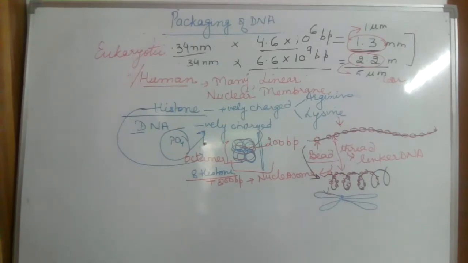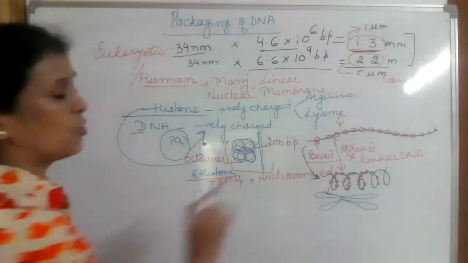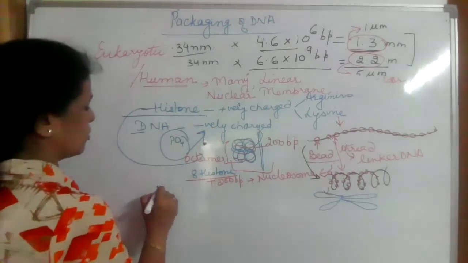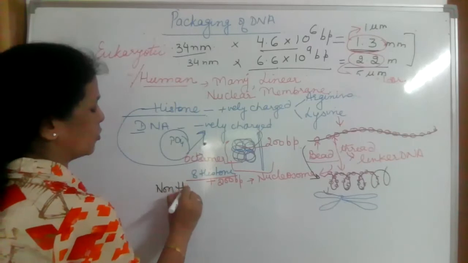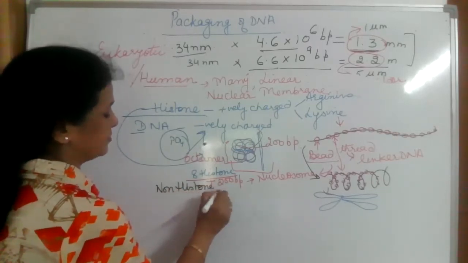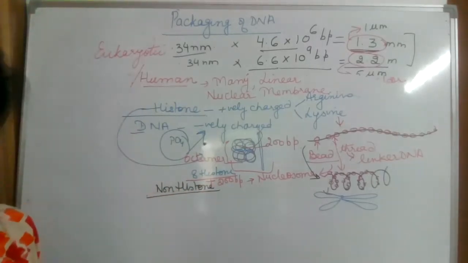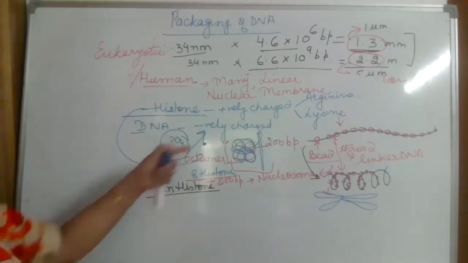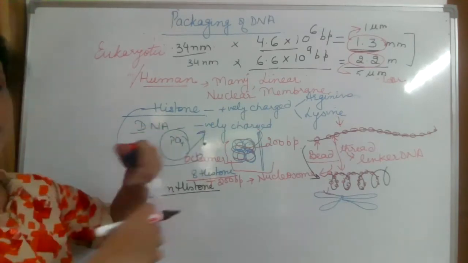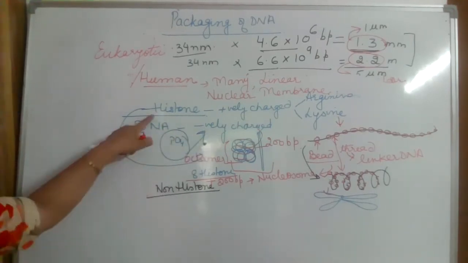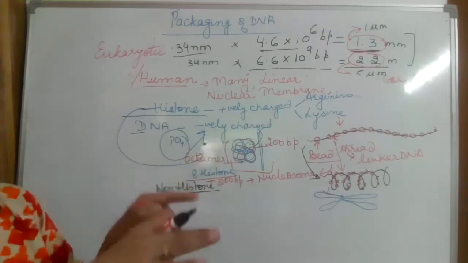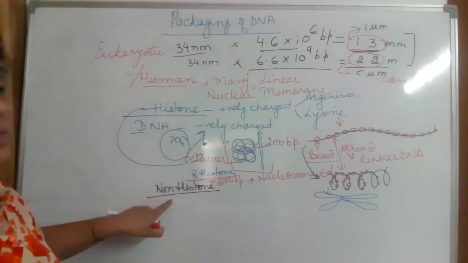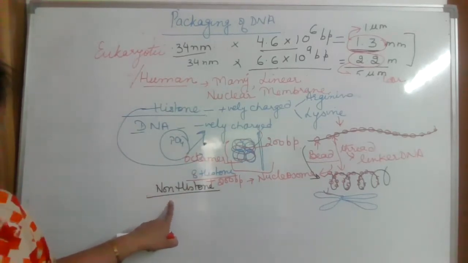For further coiling of this chromatin material, non-histone proteins are also required. Non-histone proteins further help in the coiling of DNA. Actually, you see here, the negatively charged DNA was wrapped around positively charged histone protein so that this DNA is kept in place. And now further coiling is done by the non-histone proteins.